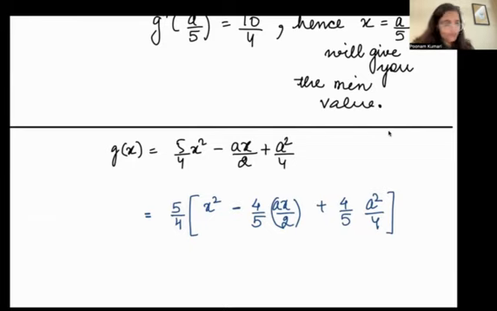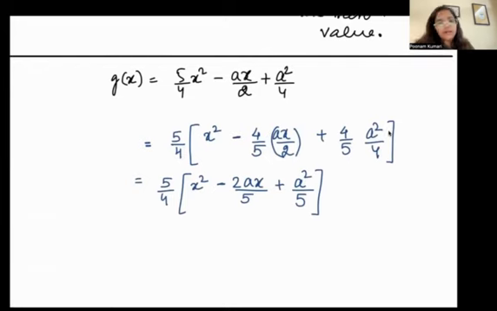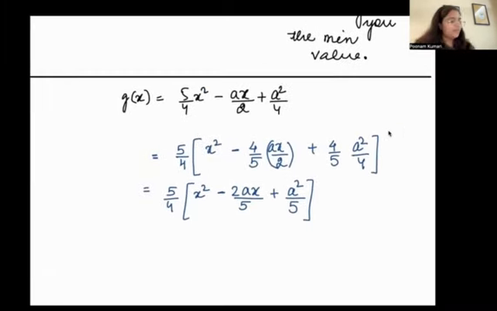Yes. Okay, so now this is 5 by 4. Now this is x square. Now this is 2ax divided by 5 and this is plus a square divided by 5. Okay, fine. How do you do the completing the square method? क्या करते हो आप? ये जो अभी आपका कोएफिशिएंट होता है इसके साथ क्या करते हो?